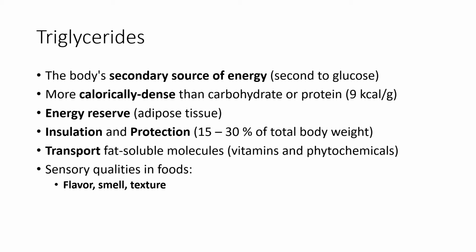So anyway, fat can be protective, and we do have a little bit of fat that helps to line our digestive organs, just a very small amount, but that can also protect our digestive and our vital organs. So also for protection. And then again, transportation, we saw that with the phospholipids, and sensory qualities in our food too.